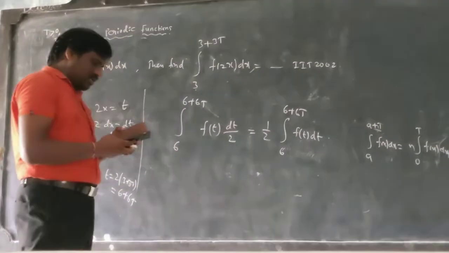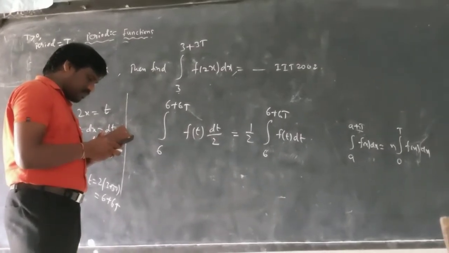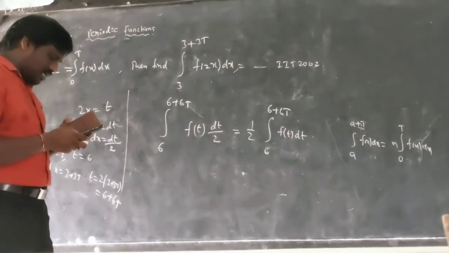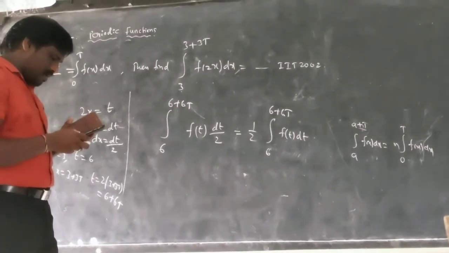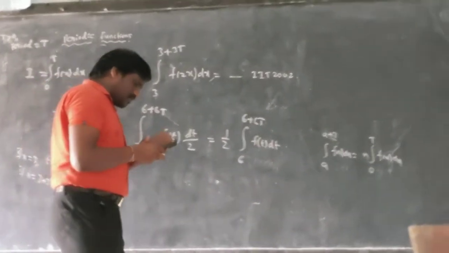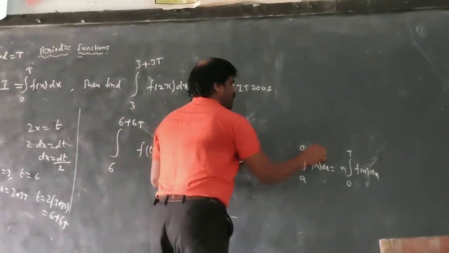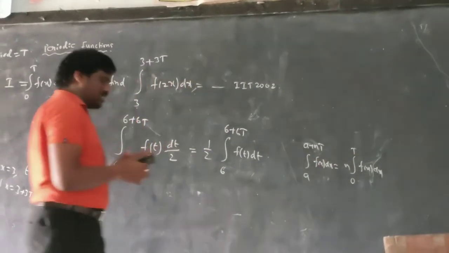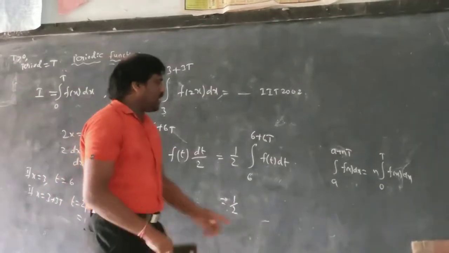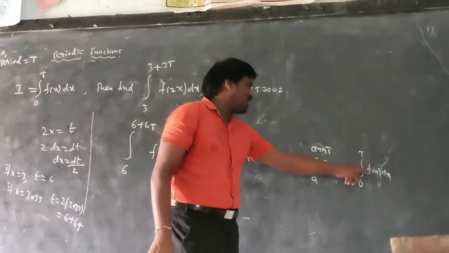So the formula according to the second property, I'll explain once again. What's the formula? The integral from a to a plus nT of f(x) dx will be n times the integral from 0 to T of f(x) dx.